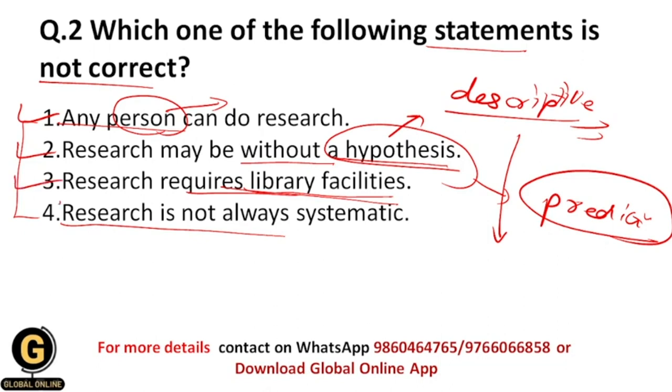But the fourth statement, that research is not always systematic, is wrong, because research is always systematic, and every scientist in his or her research books gives the statement that research is always systematic. Because this is a systematic procedure, and it follows the scientific methods, and basically this is a searching procedure. Though it is systematic, that's why it is called research. That's why the correct answer for this is 4, because this is the statement which is incorrect.